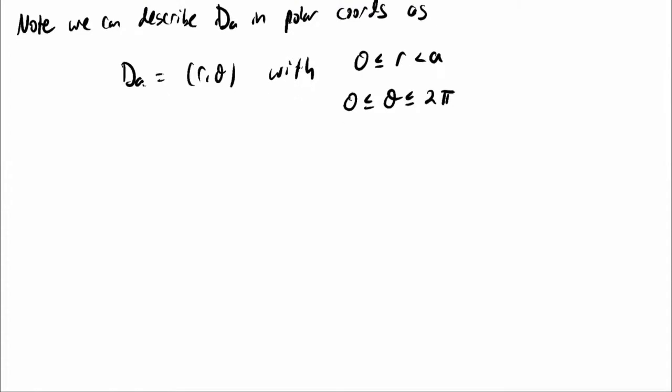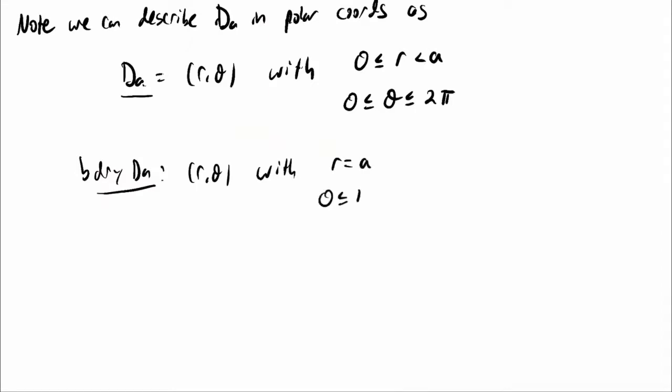Right. And also we can describe the boundary of our domain as the set of r theta with r equals a and 0 less than or equal to theta less than or equal to 2 pi.